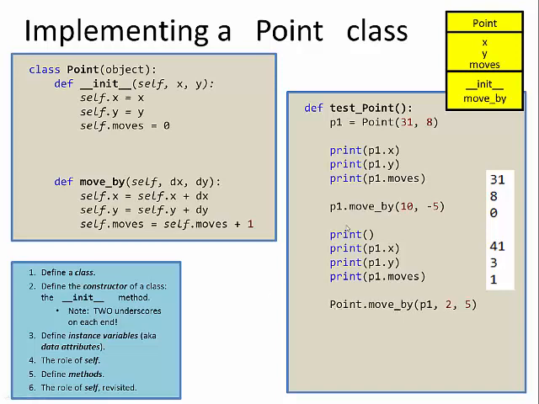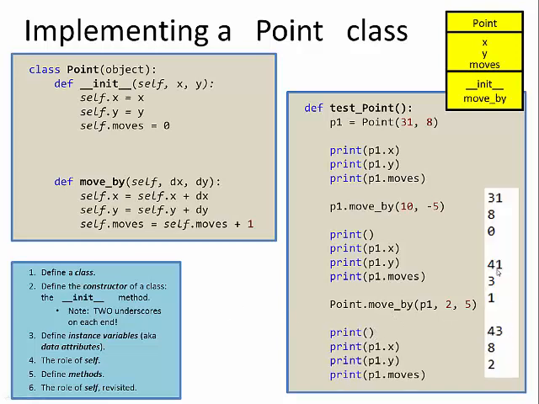You could write this statement up here, p1.move_by(2, 5), as go to the Point class, run the move_by method, and put in p1 for self. Put in 2 for dx and 5 for dy in this example. And it would move p1 by 2 and 5 respectively. So if you printed out your things there, you would find that it went up 2 from 41 to 43 and from 3 to 8, up 5 there, and that you've made a move.